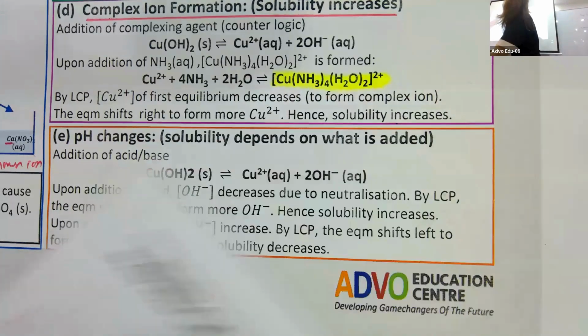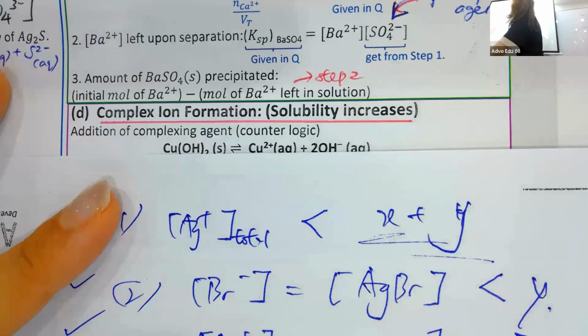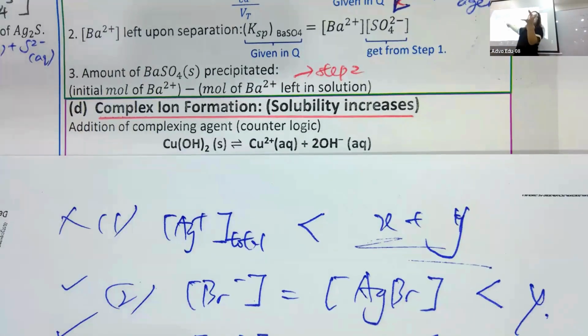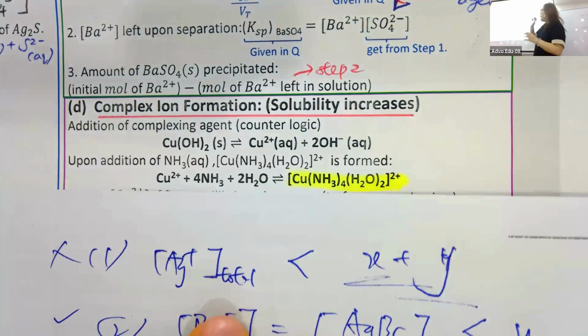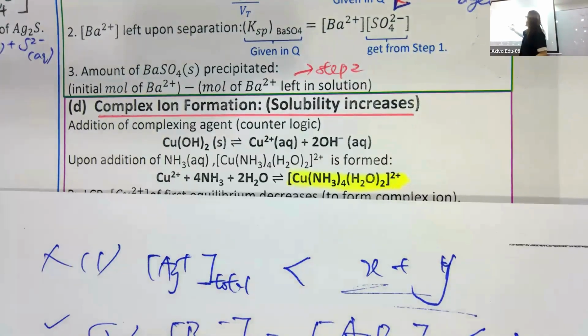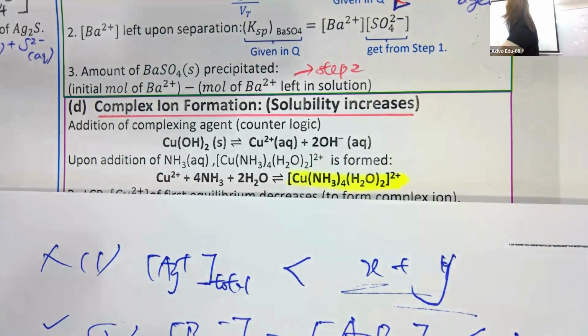So I'll give another example. For example, this is the original sparingly soluble salt, Cu(OH)2. So it dissociates partially, right? Okay. When we add your NH3, this complex will form. So when the complex is formed here, right, what happens is it will cause the copper 2 plus concentration to drop.